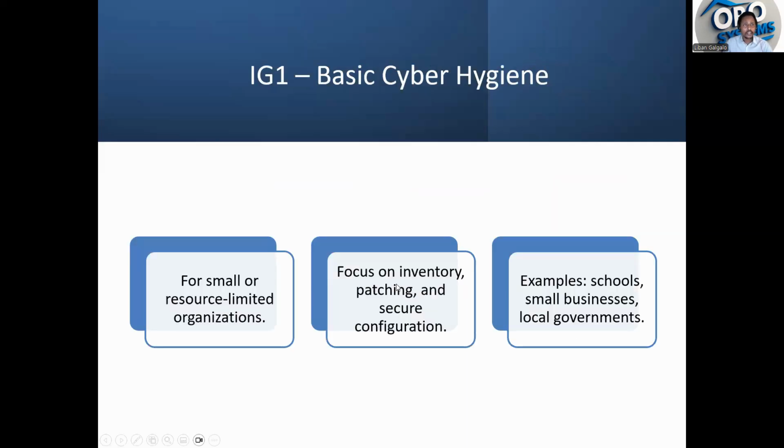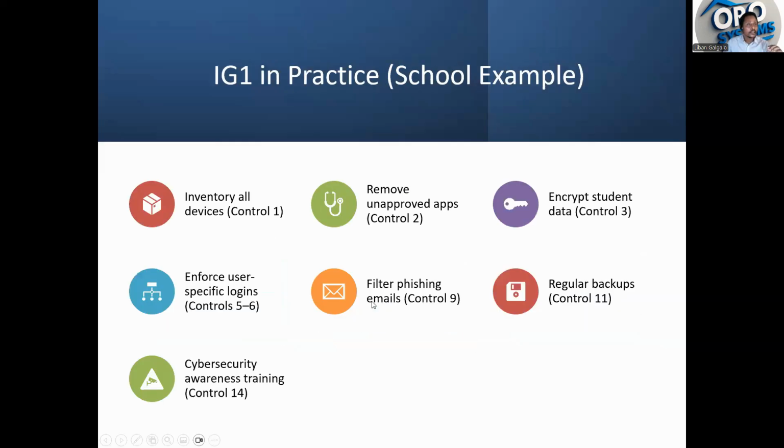So the first one that we look into here is basic cyber hygiene. A small company, a good example being a school, a small business, or a local government, can use IG1, where we look at what we have, what we are doing, and how we are safe. That's the very basic thing, which is why it's cyber hygiene. That's what it focuses on.